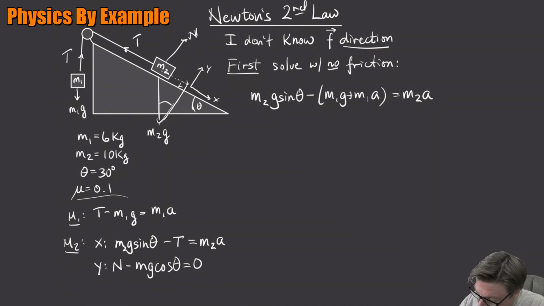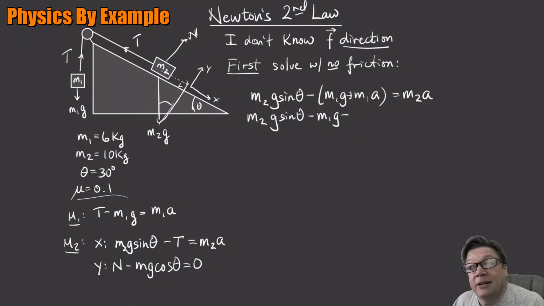Now I can solve for a. Let me just do one more step. m2g sine theta minus m1g minus, I and lots of others don't distribute that minus sign right, minus m1a equals m2a.